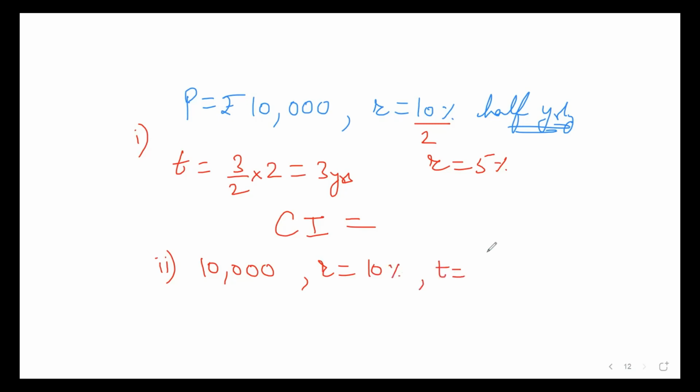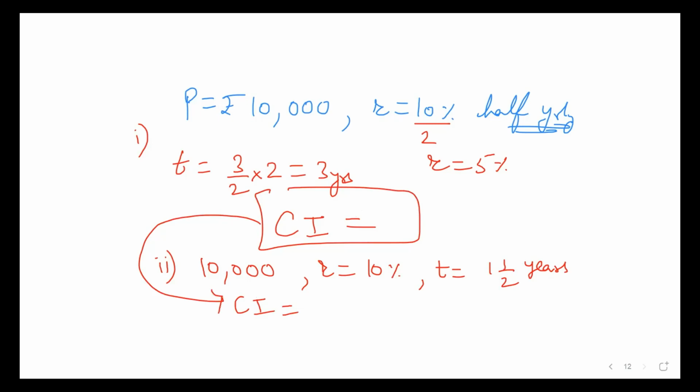Time would be 3 by 2 years, that is 1.5 years. And I've already explained 2 questions related to this kind of time. Consider 1 year, then half year separately. And if any doubts, you may check question number 2 again for how to solve these kinds of questions in which the time is like this in case of compounded annually. So just calculate the compound interest and then compare. Like would this interest be more than this? You have to give the answer of this part.